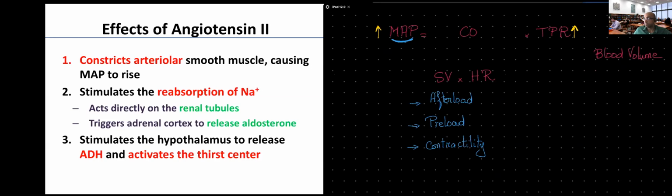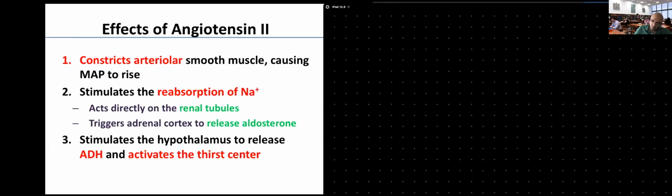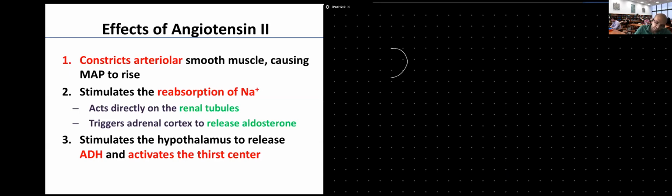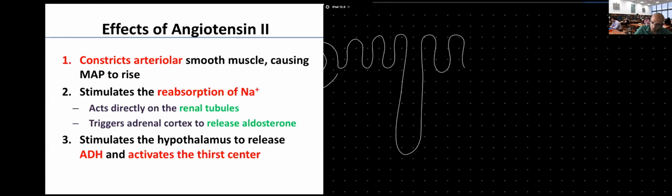Another way by which angiotensin II is going to be increasing your mean arterial pressure is by enhancing the sodium reabsorption, either directly or indirectly.